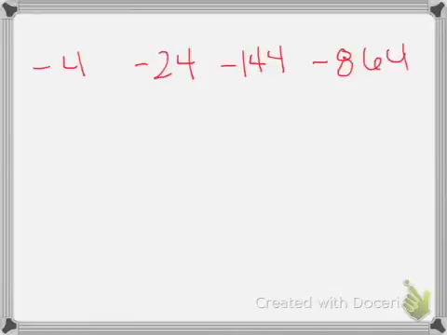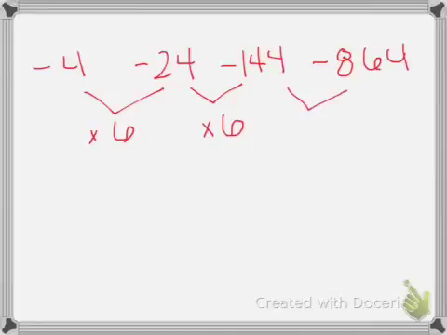So something that you multiply by to get from -4 to -24. You'd multiply by 6. -24 times 6 is -144. And -144 times 6 is -864.